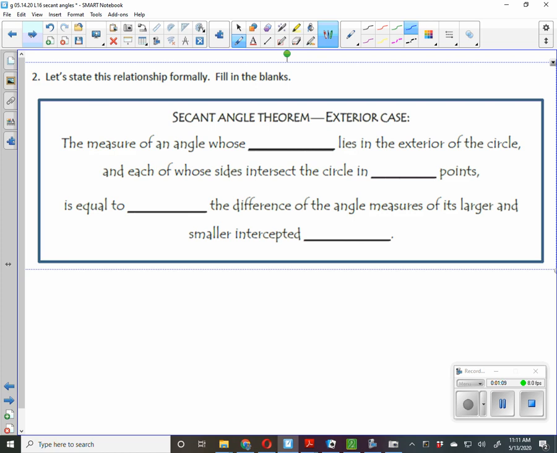The measure of an angle whose vertex lies in the exterior of the circle and whose sides intersect the circle in 4 points is equal to half the difference of the angle measures of the larger and the smaller intercepted arcs.